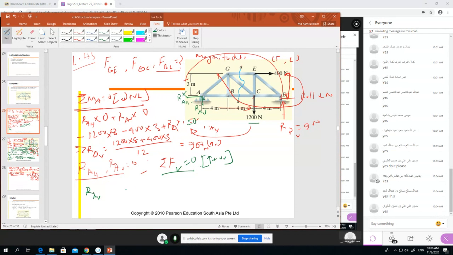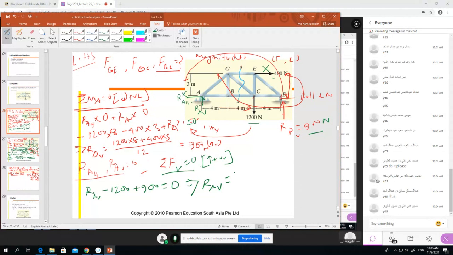Then we have minus 1200. This is downward. The horizontal force will not come in our calculation. Then we have 900 Newton, it is plus. There is no other vertical force, so easily you can write it is equal to 0. Now tell me, RAV equal to what?